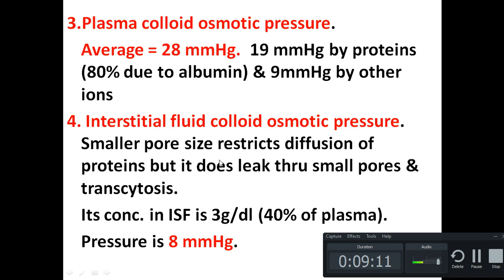Smaller pore sizes restrict diffusion of proteins, but some of the proteins do leak through small pores, or that leakage is through the transcytosis process. So its concentration in the interstitial fluid is 3 grams per deciliter. That is almost 40% of the total plasma proteins present normally in the body. So this pressure exerted is equal to 8 millimeter of mercury.